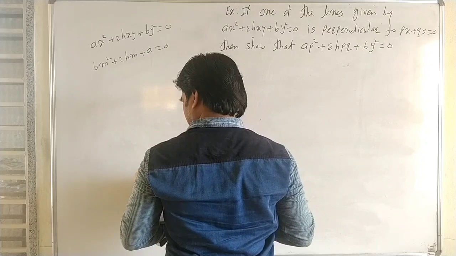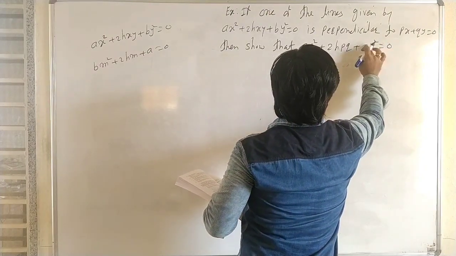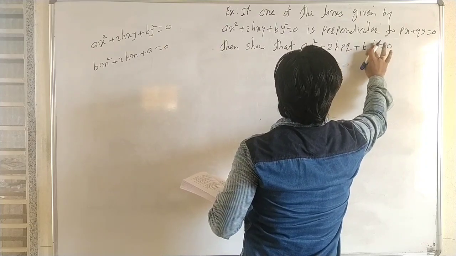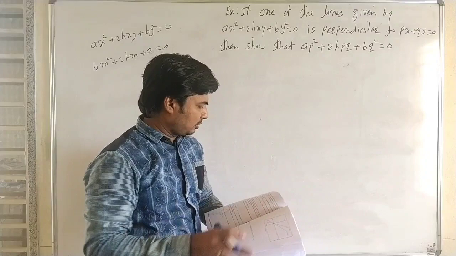It is bq square, not qy square. Okay, it is a print mistake in the textbook here.